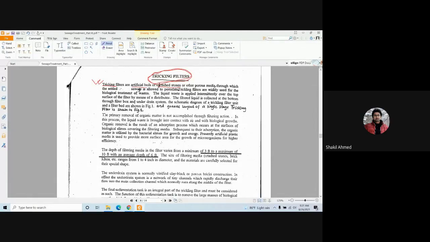Trickling filters are widely used for the biological treatment of waste. The liquid waste is applied intermittently over the top surface of the filter by means of a distributor. The filtered liquid is collected at the bottom through a filter box and under drainage system.